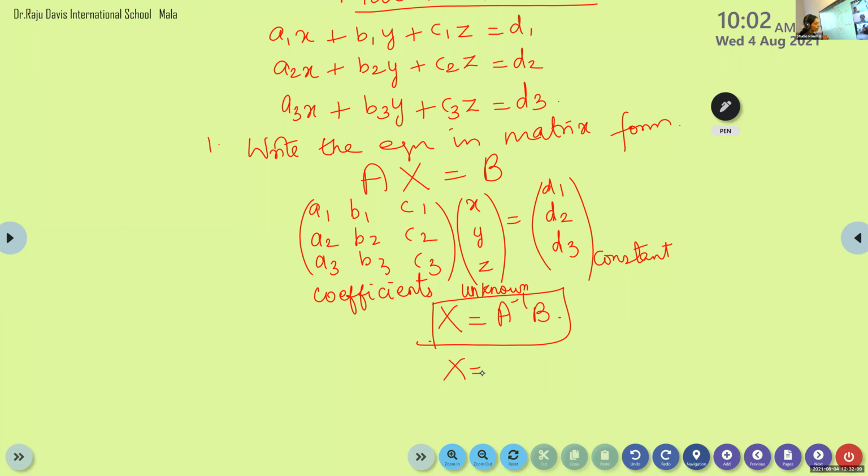We have learnt one formula: A inverse is 1 by determinant A into adjoint A, provided determinant A is not equal to 0. Using this formula, we can find the unknown matrix X: X equals 1 by determinant A, adjoint A, into B.